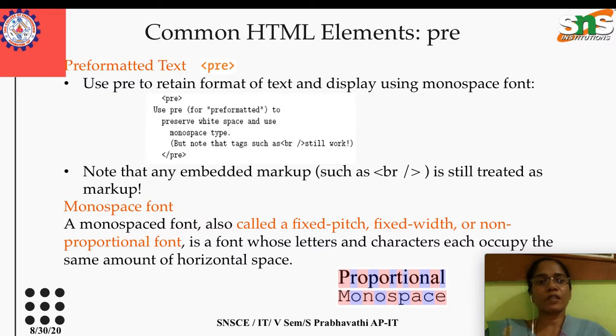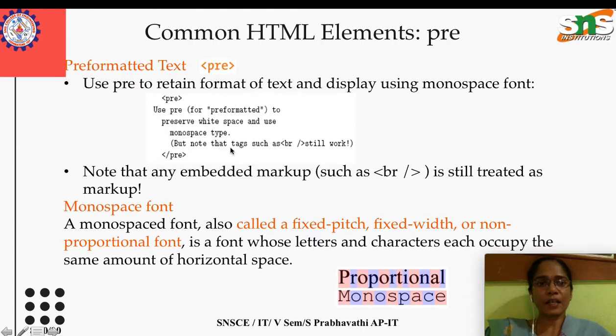But what if we need to preserve or retain those spaces? We could achieve that by means of the pre-formatted text element whose tag is pre, and its close tag is /pre. Inside the content, whatever we have given, that space will be retained. So that is about pre-formatted text.